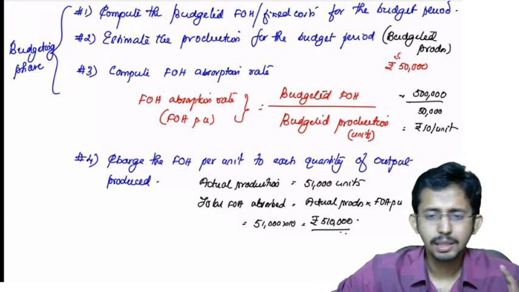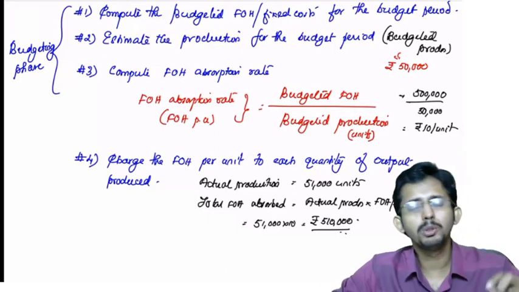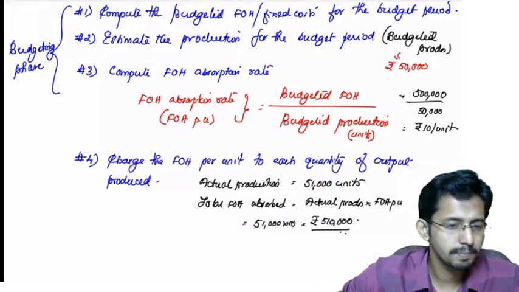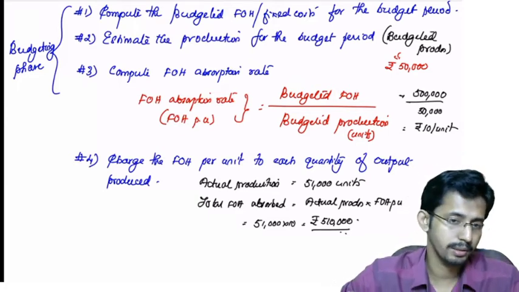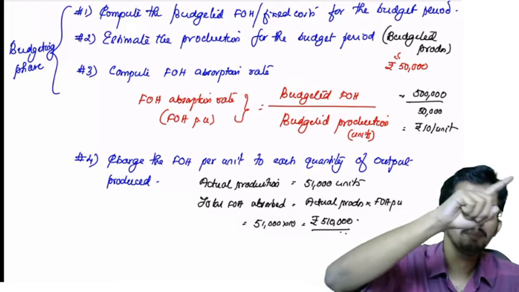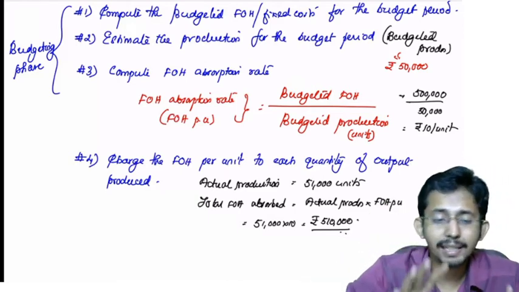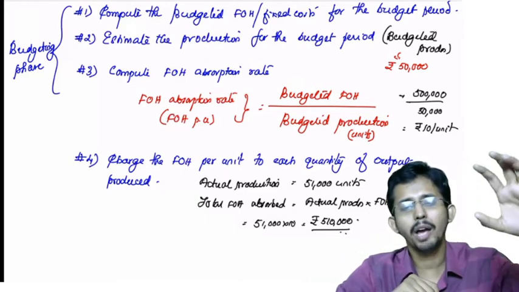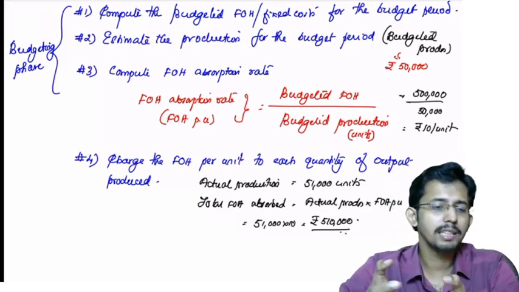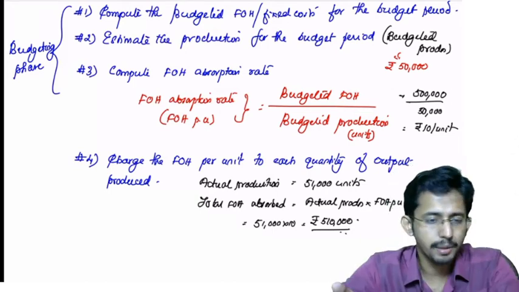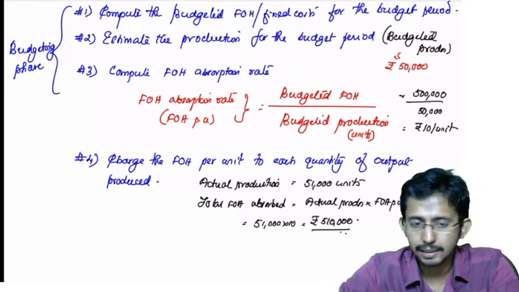Now, let me ask you, you have absorbed fixed overhead and it turned out to be a total of 5,10,000, whereas you budgeted only how much? 5 lakhs. So on one side you have budgeted fixed overhead, that is 5 lakh. Then you have the fixed overhead absorbed, 5,10,000.